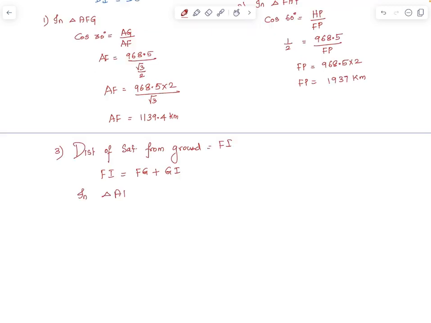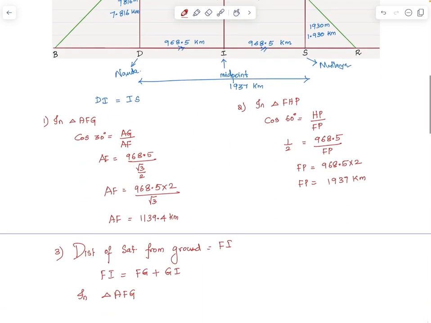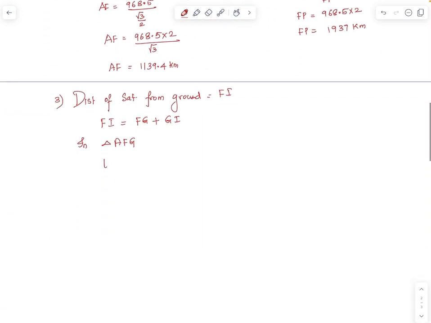In triangle AFG, because the opposite and the adjacent are involved, we will go in for tan ratio. Tan 30 is equal to FG upon AG. Tan 30 is 1 upon root 3. FG is what we have to find out, upon AG is 968.5. FG is 968.5 upon root 3.